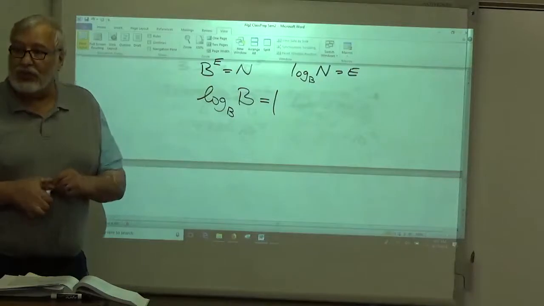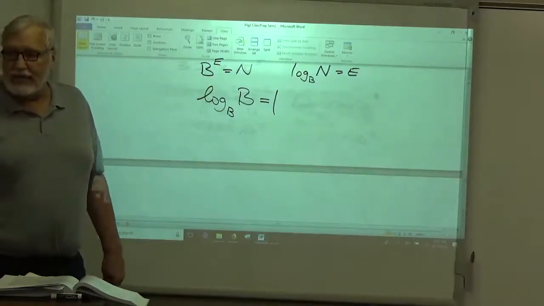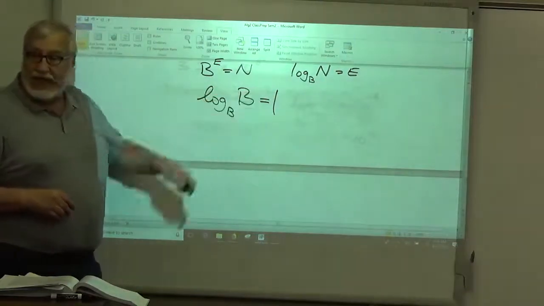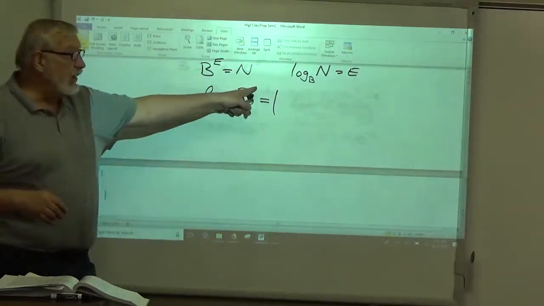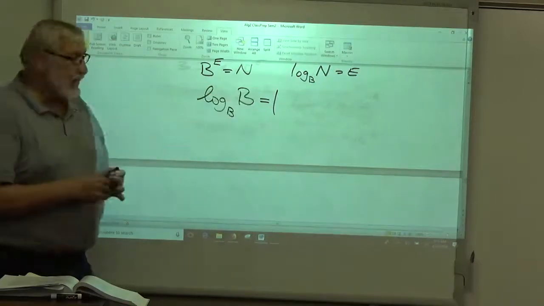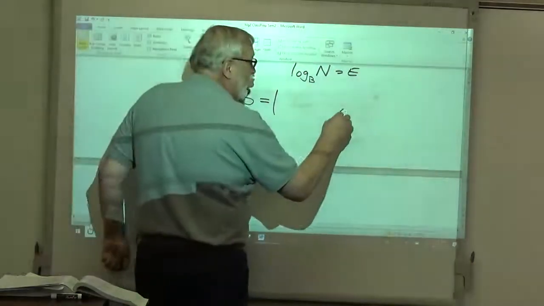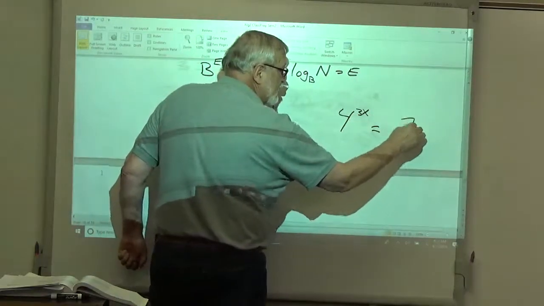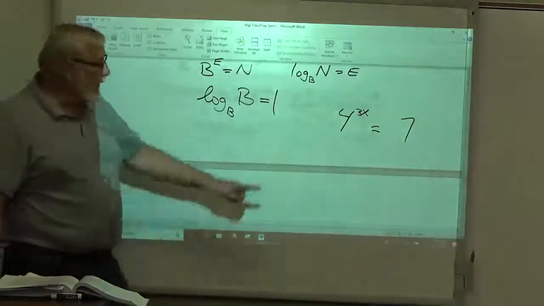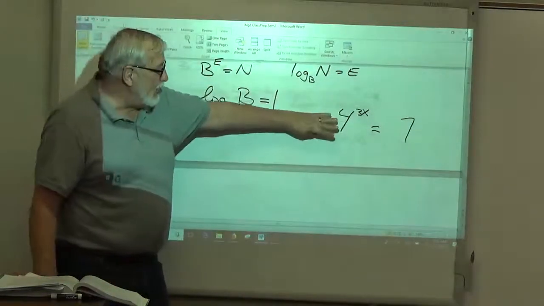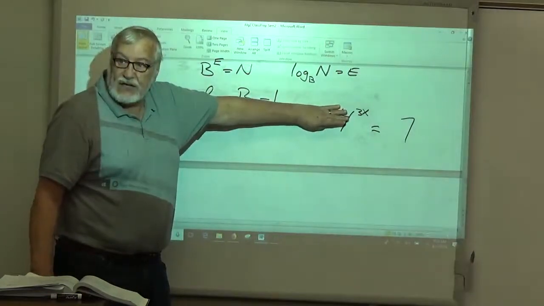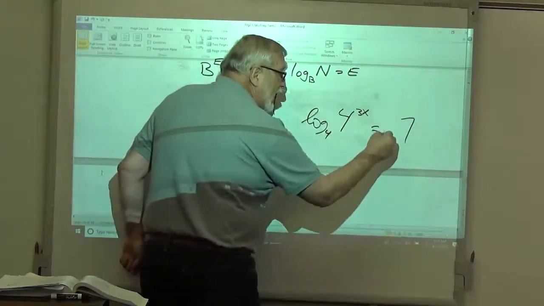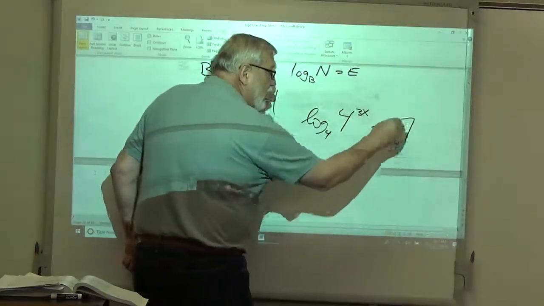That is important when you're solving equations that have logarithms or exponents, because this is a way to get at the exponent if the variable is in the exponent. So if you had 4 to the 3x power equals 7, how do I get at this exponent? In order to do that, I have to make where my hand is equal 1. Well, I do that by taking log base 4 of this side, and then log base 4 of the 7.